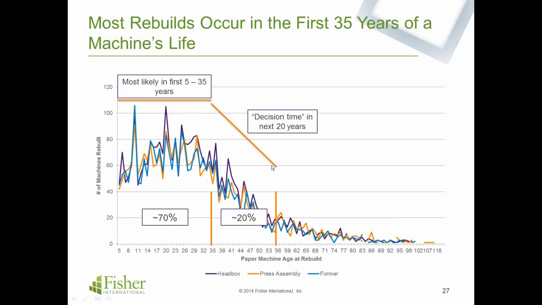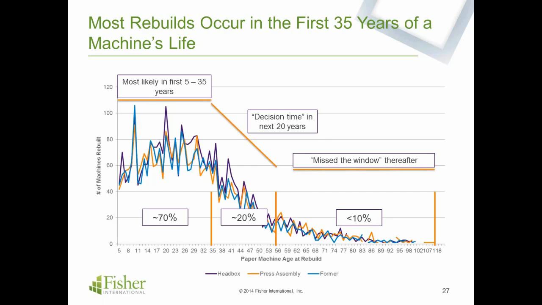At this stage of a machine's life, a company needs to decide whether they want to invest capital in this particular asset, because after that period of time, it seems as if producers may view that they've missed the window of opportunity for rebuilds, because less than 10% of all rebuilds are done on machines that are older than 55 years of age. Not what I expected to see when I started to do this analysis.